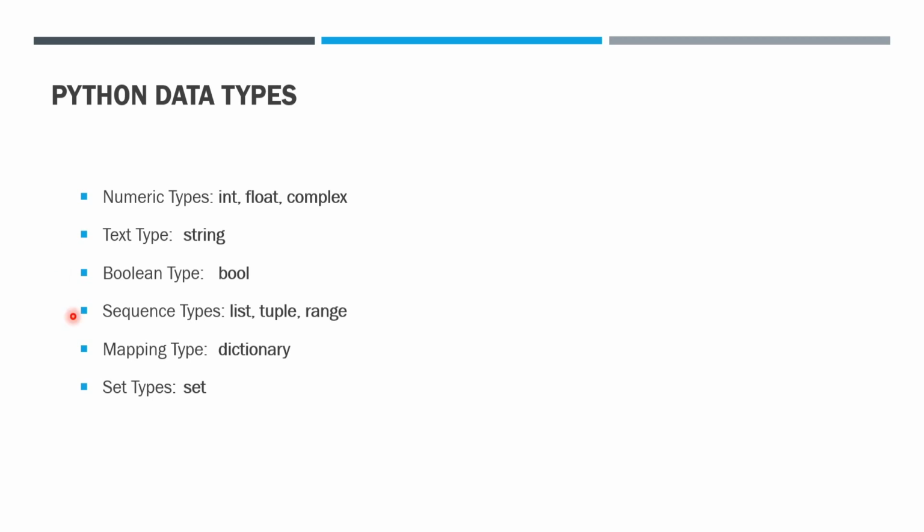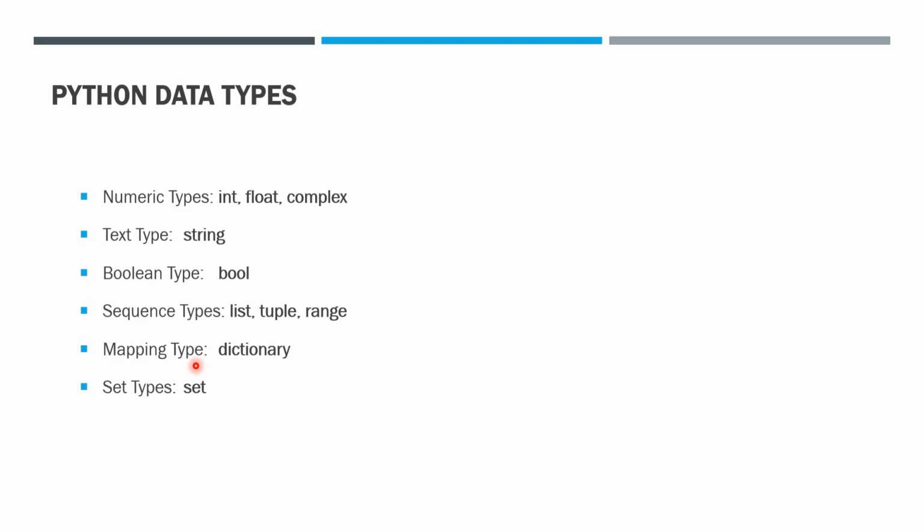Whereas sequence types, mapping type and set types are also called collections, which hold multiple values. Our concentration in this video will be on numeric type, text type and boolean type. The collections, that is sequence types, mapping type and set types, we are going to see in upcoming videos.